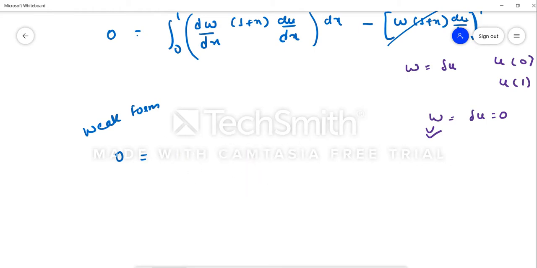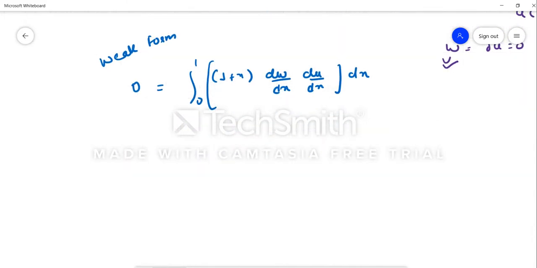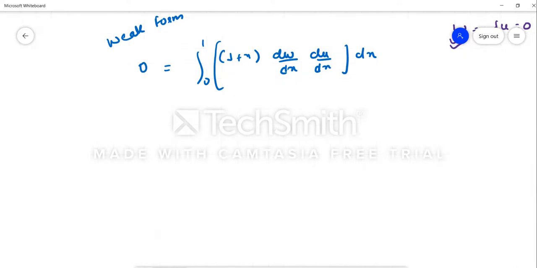Now we'll write an approximation function. We will choose w equals phi i and u equals phi naught plus the sum over j equals 1 to n of cj phi j.